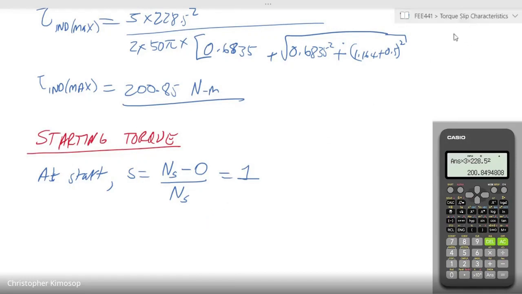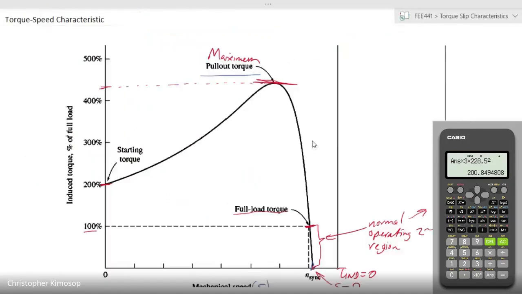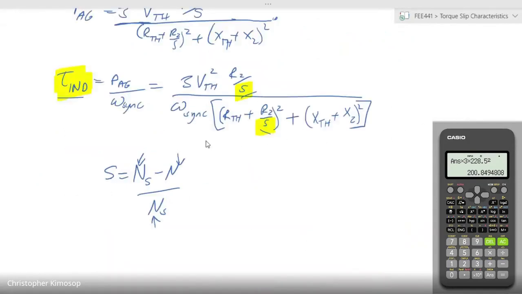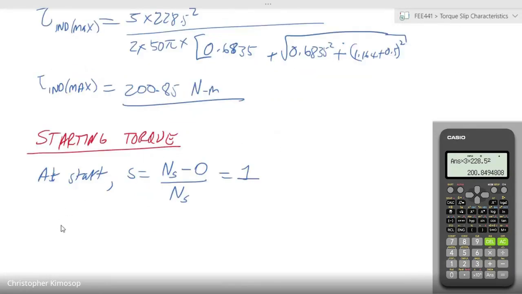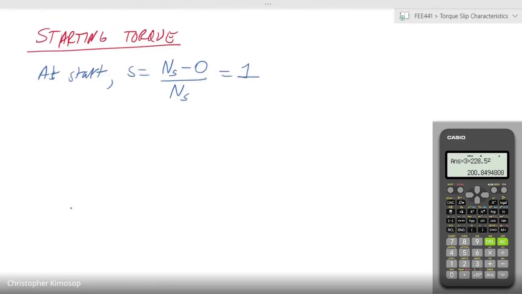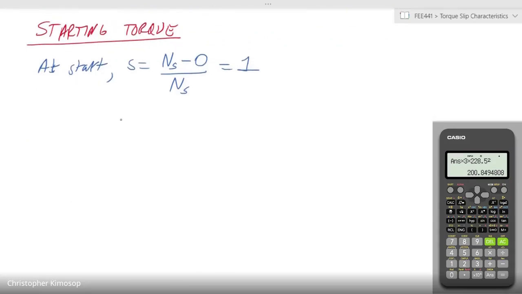Therefore, in our torque equation, the value of slip and this value of slip are equal to 1, so we can disregard them from this equation. That means we will be working this out without S. So it's a simple calculation of the values that we've been talking of.